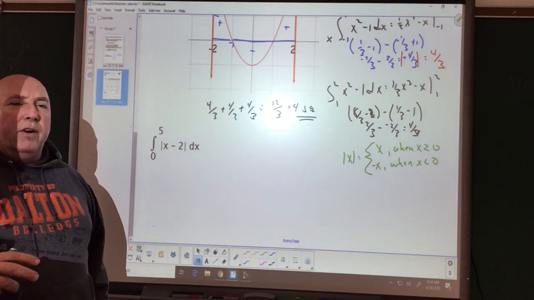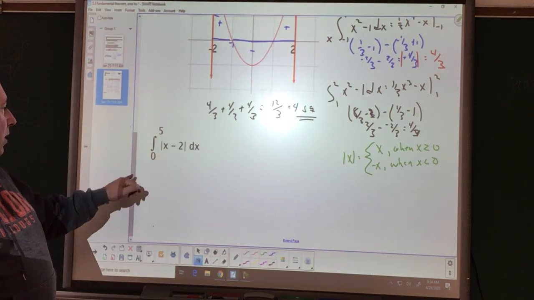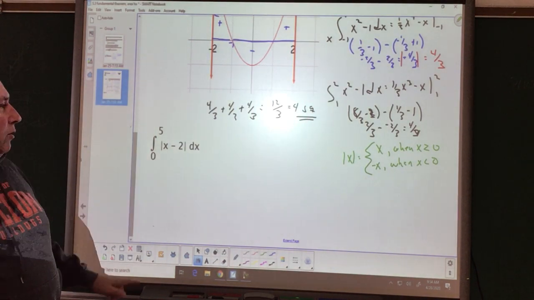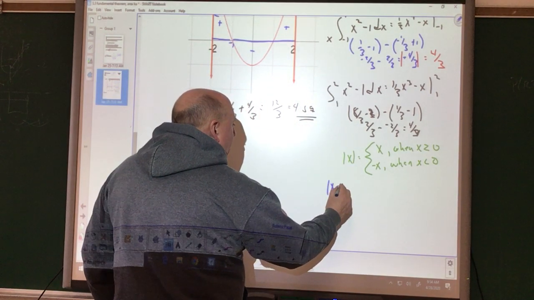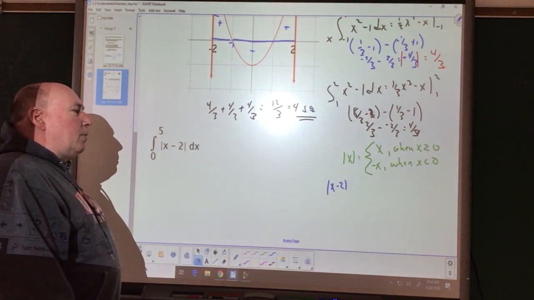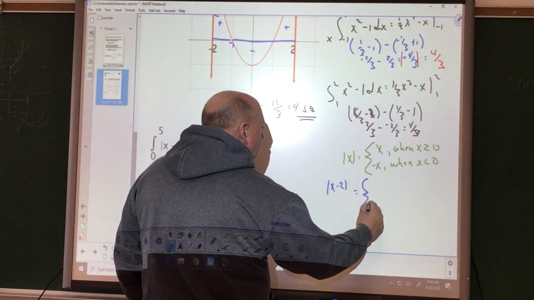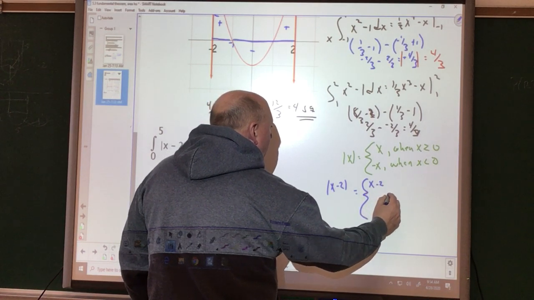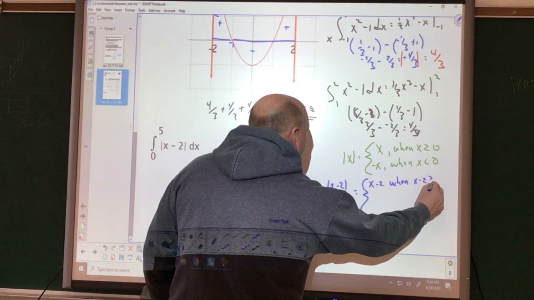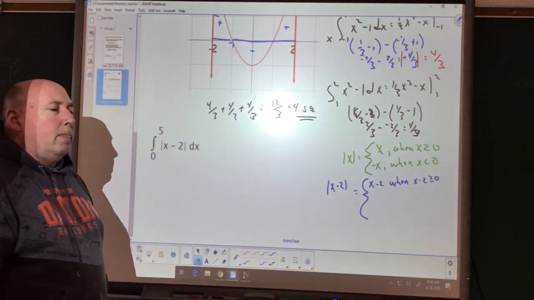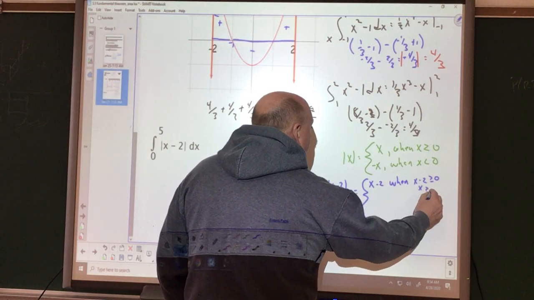That was our fundamental definition of the absolute value. Well, what we have is x minus 2 here. So if I sub in the absolute value of x minus 2, this is going to equal x minus 2 when x minus 2 is greater than or equal to 0, or when x is greater than or equal to 2.